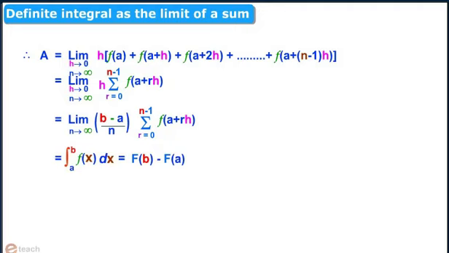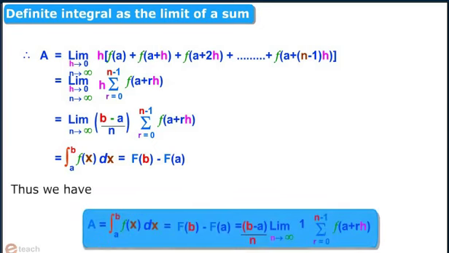Thus, we have the area A equals the integration a to b of f(x) dx, which is equal to F(b) minus F(a), that is equal to (b minus a) into the limit as n tends to infinity of 1 by n into the summation r equals 0 to n minus 1 of f(a plus rh).